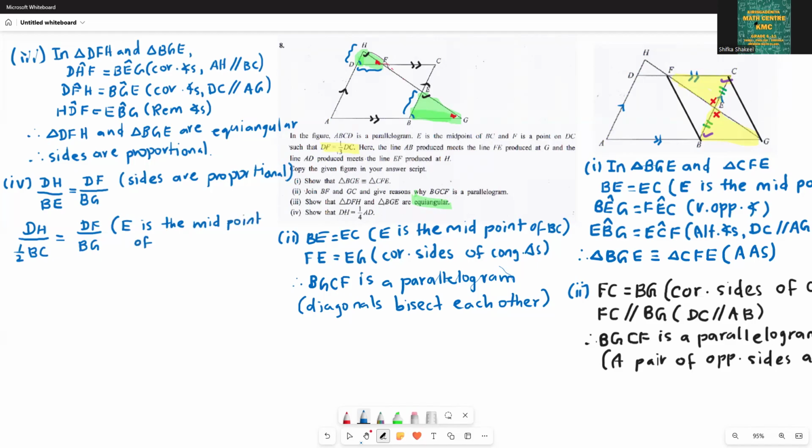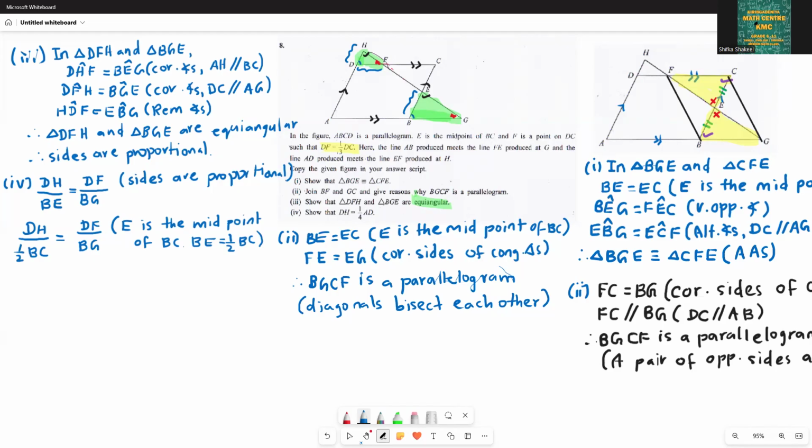So that's why we can take half. Therefore, BE is equal to half of BC.